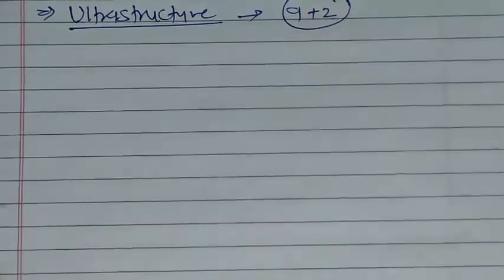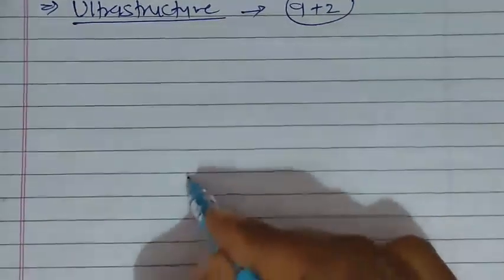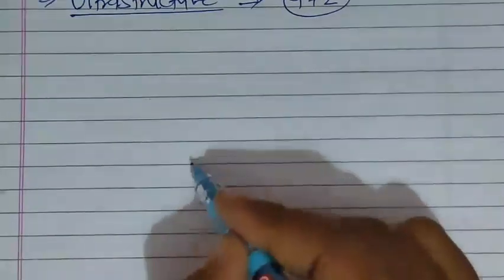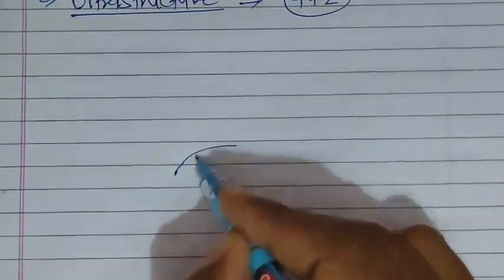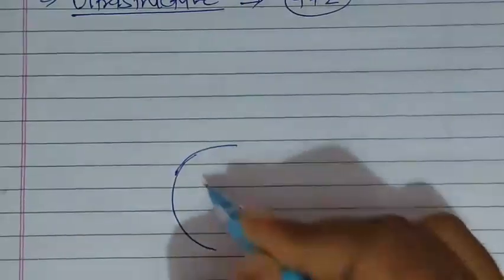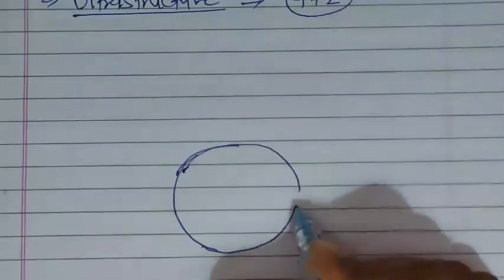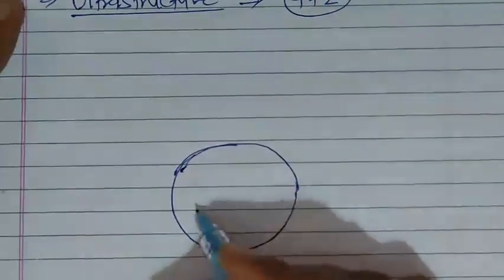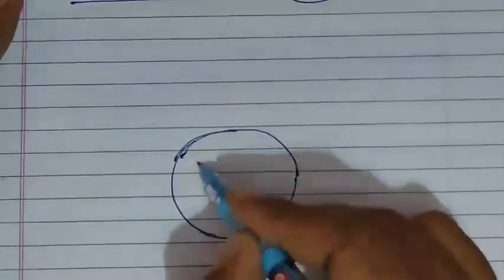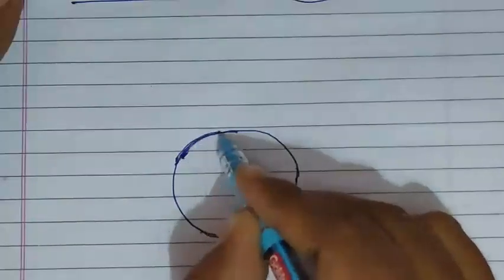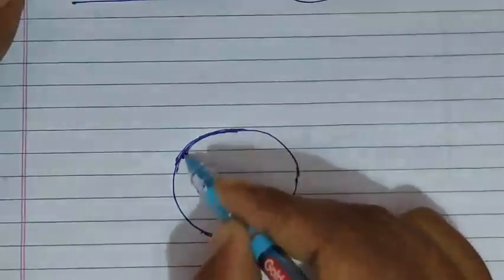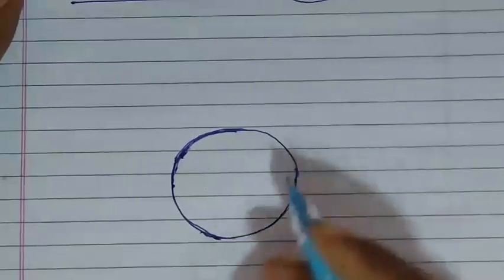So if we draw the structure, here this is the structure inner to which you will find singlets.